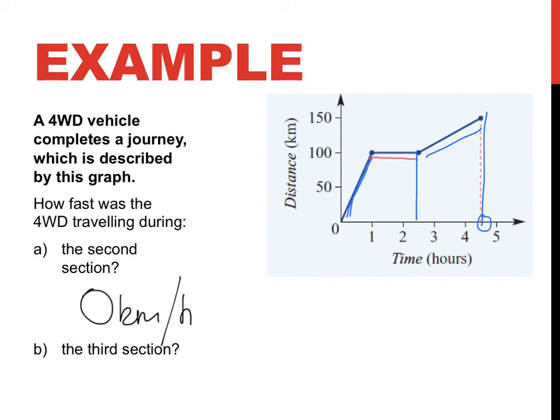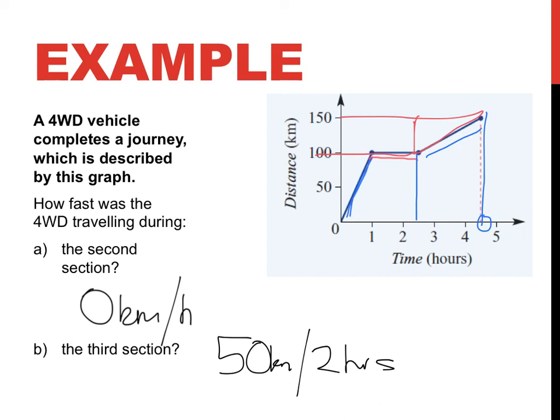So from 2.5 hours to 4.5 hours, that's 2 hours. And how far did they travel? They travelled from 100 kilometres up to 150. So in that third section, they travelled 50 kilometres in 2 hours.